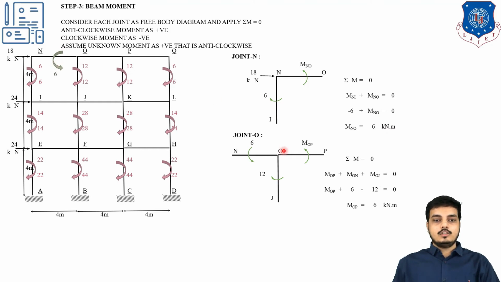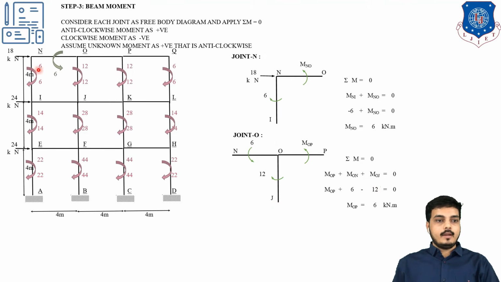Now we will take junction O. So adjoining members are O to N, O to P and O to J. At this junction we will take summation of moment equals 0. So MOP plus MON plus MOJ equals 0.